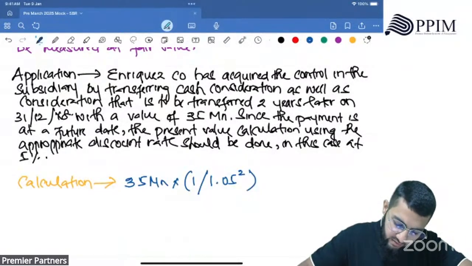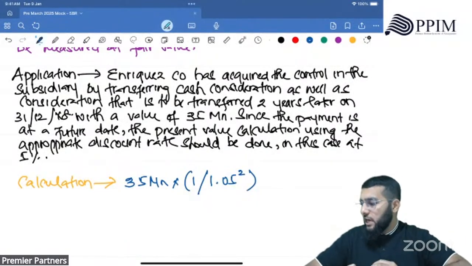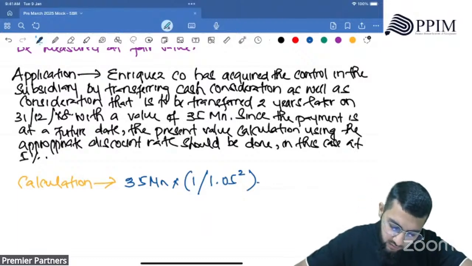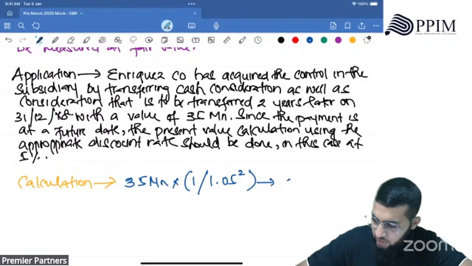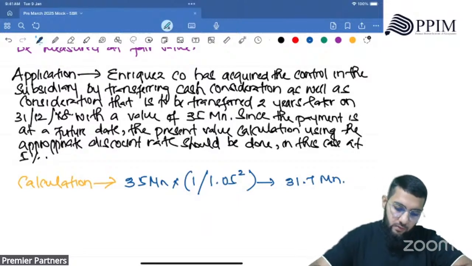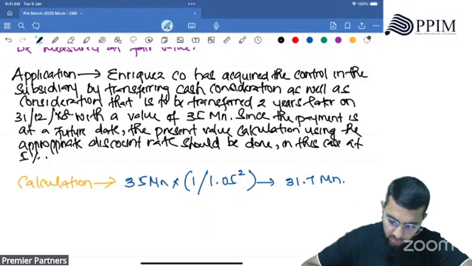This is the discount rate, and that's the number of years in which we are going to pay this. This equals 31.7 million. Then the application continues.